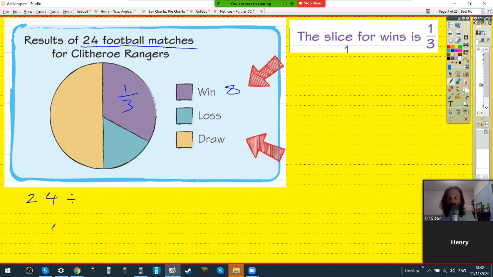The loss is 4. And then the draw is 12. Well done.